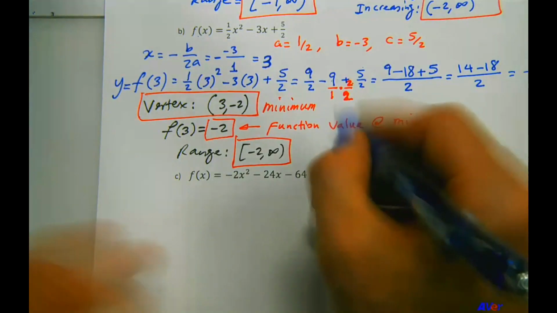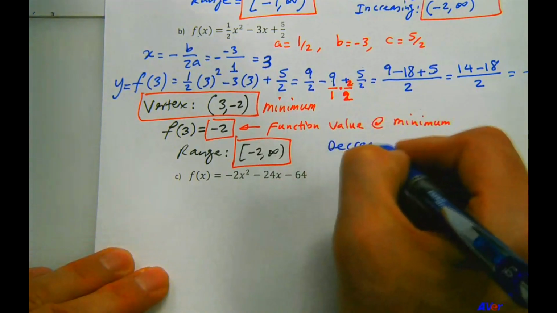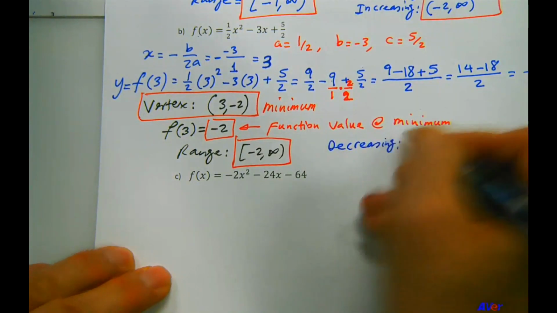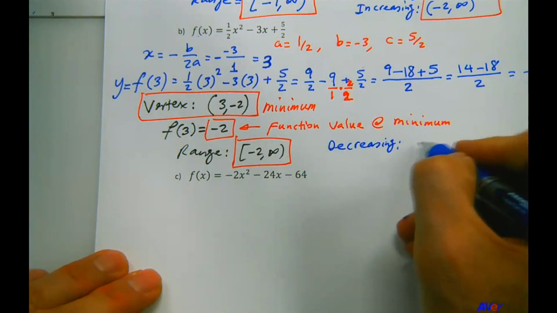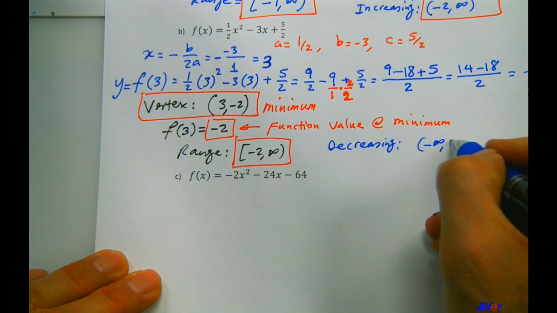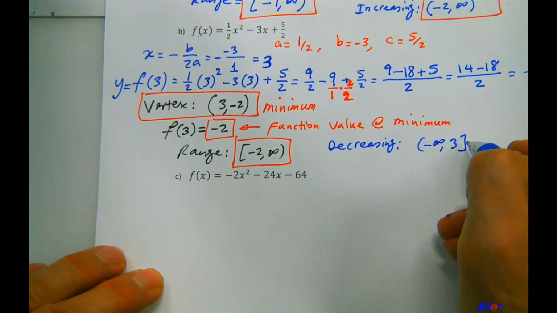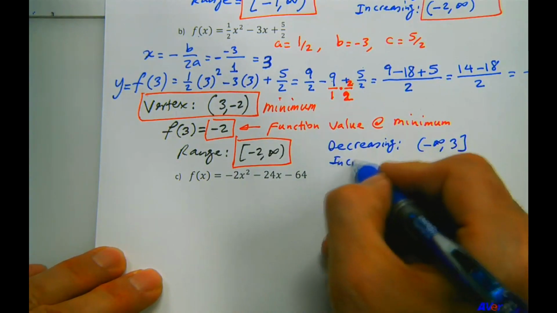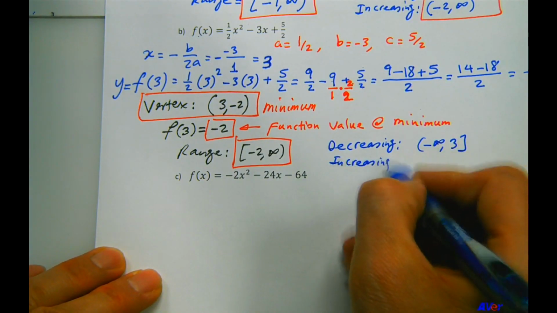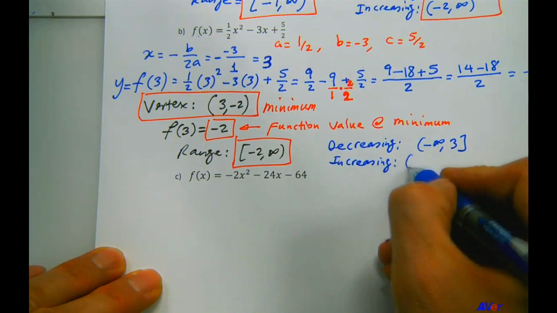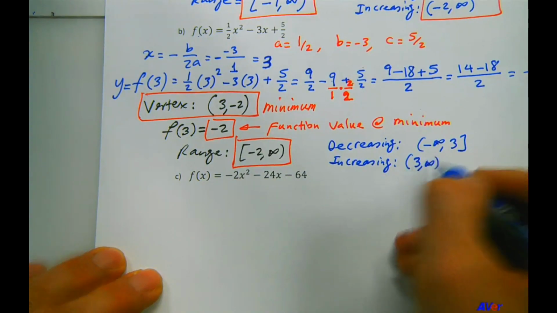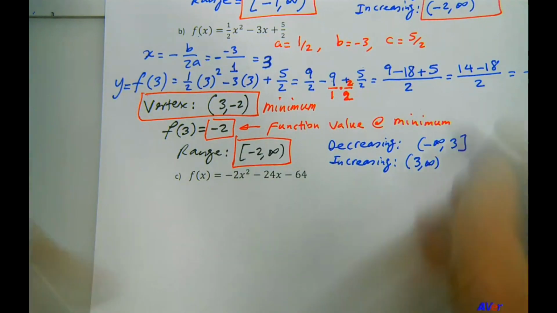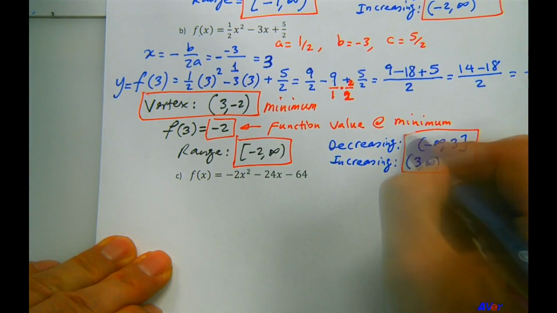So it is decreasing on negative infinity all the way to 3, bracket, and increasing from 3 comma positive infinity, like that.